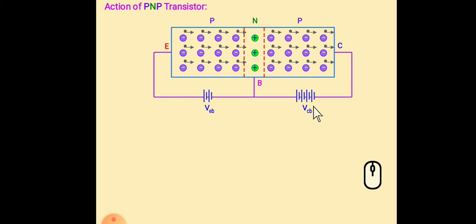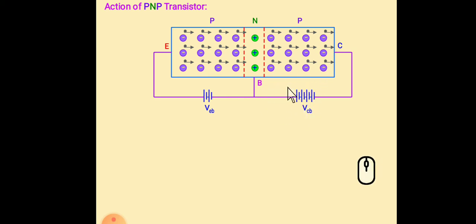So this is collector base voltage and this one is emitter base voltage. So holes from the emitter are repelled towards the base. So less number of holes will recombine with the electrons, that is very less 5%, and other 95% of holes will be attracted towards the collector as it is reverse bias.